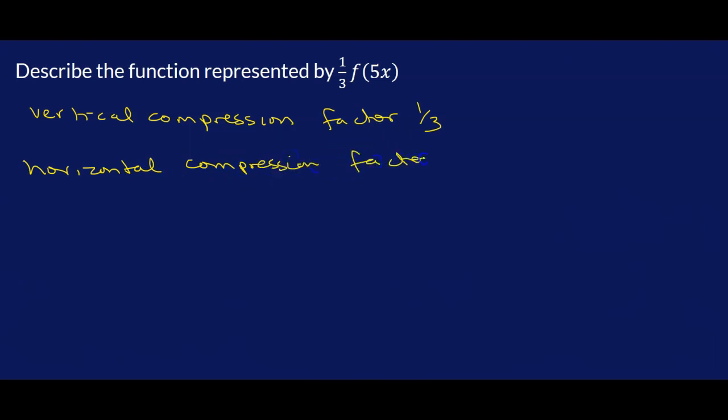The factor is 1 over 5. So this is how you will describe any form of dilation.